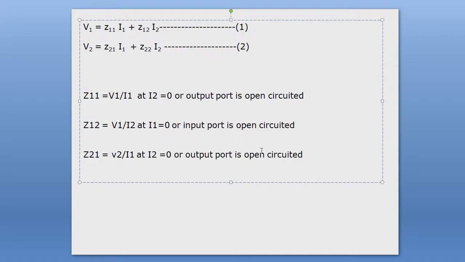And Z22 equal to V2 by I2 at I1 equal to 0, or input port is open circuited.